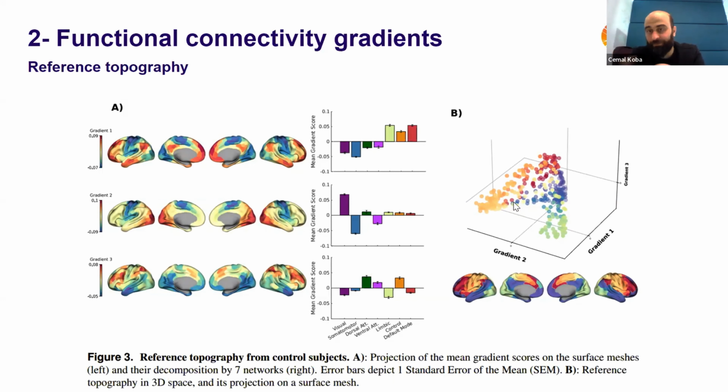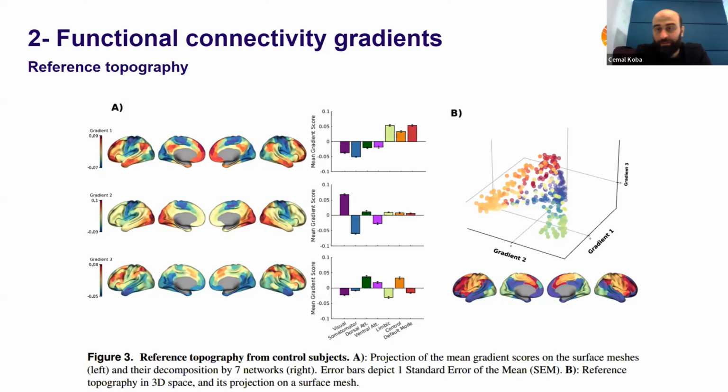So when we put all these three gradients together in the embedding space, we have this distribution of the brain regions in the embedding space, and we wanted to take this as the reference topography, meaning that the brain is traditionally distributed like this for control subjects.